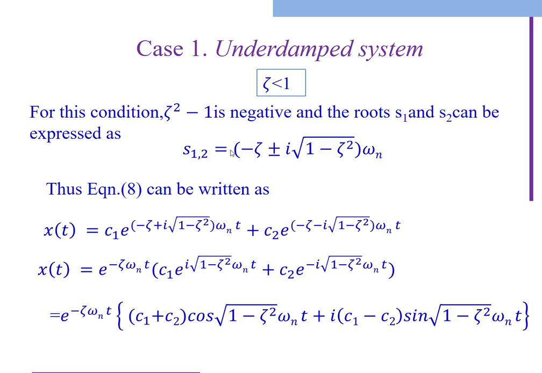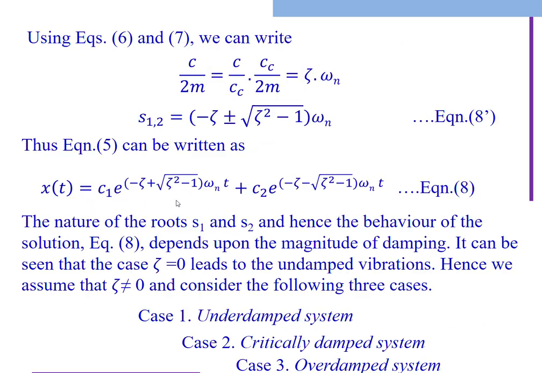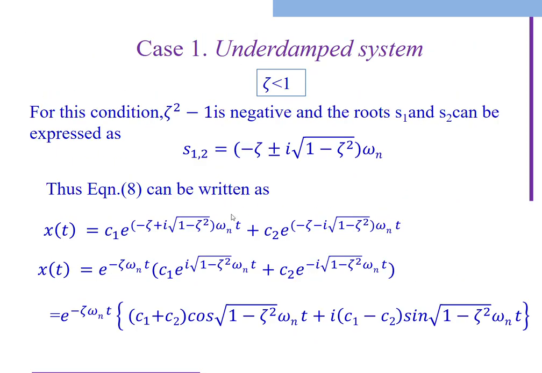After satisfying that condition, we used to take these two roots, and these two roots can be written like this. Okay, we can see the equation like this. Equation 8 can be written in this particular form.